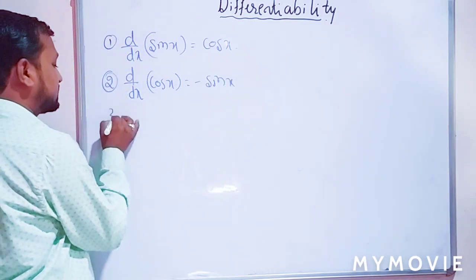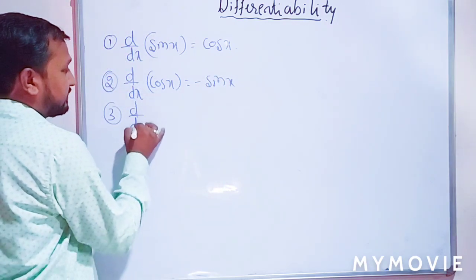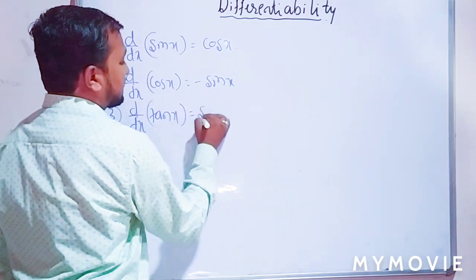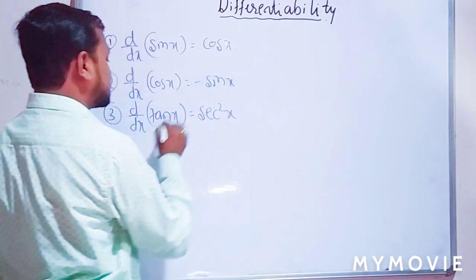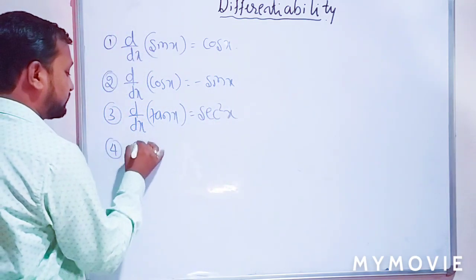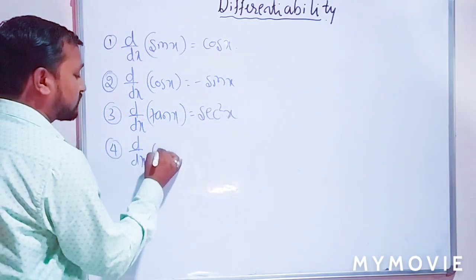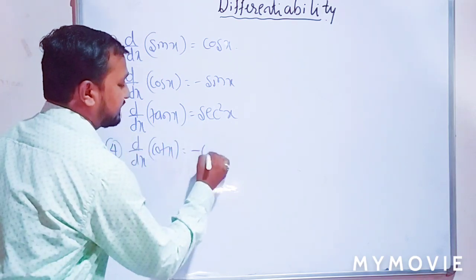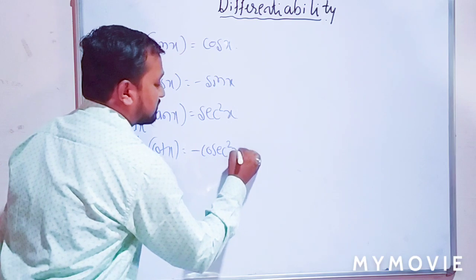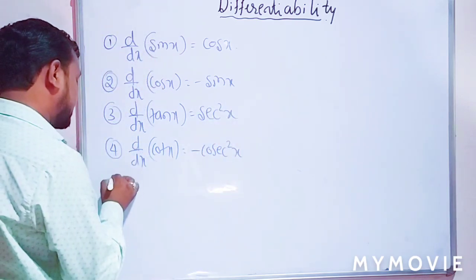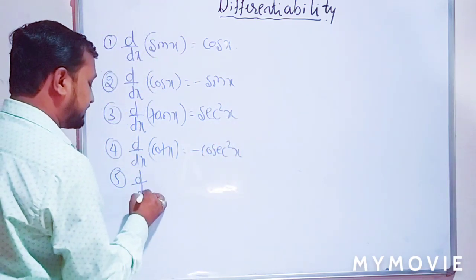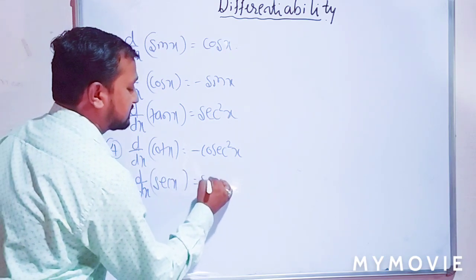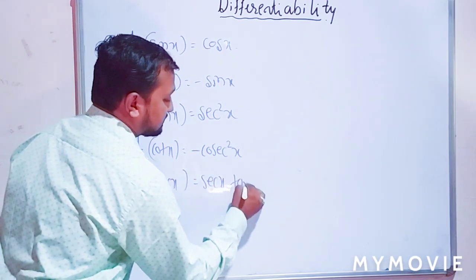These are trigonometric functions. Third: d by dx of tan x is sec square x. Fourth: d by dx of cot x is minus cosec square x. And fifth: d by dx of sec x is sec x into tan x.